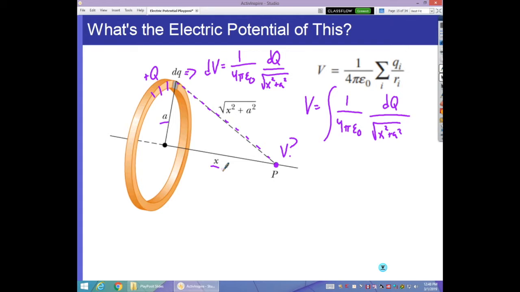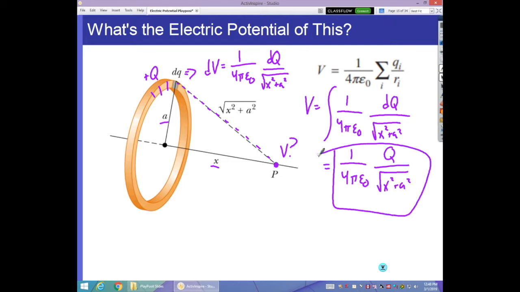So my integral really, I just integrate over my charges and end up with 1 over 4 pi epsilon naught q over this. I just end up with all my charge being that far away. So we'll go over that in class. And what's nice is that being able to do these integrals with voltage, which is a little bit easier, lets us find our electric field somewhat easier.